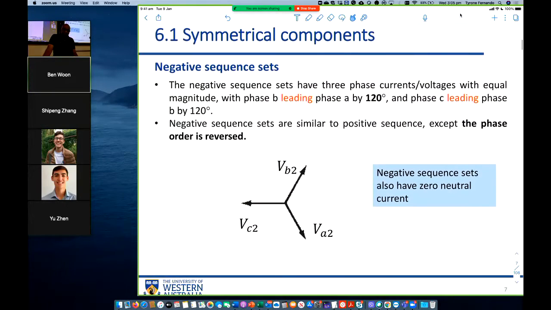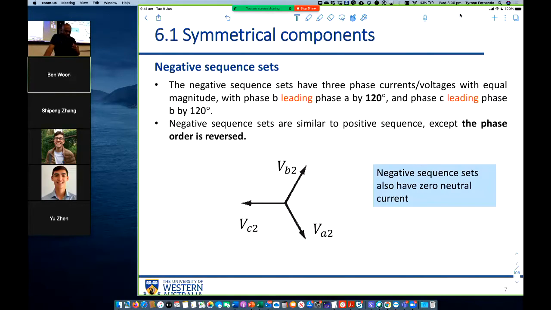Now a negative sequence set. The sequence is reversed. So VB2, instead of lagging 120 degrees, will be 120 degrees in front of VA2. And VC2, instead of being behind VB2 by 120 degrees, will be in front of VB2 by 120 degrees.